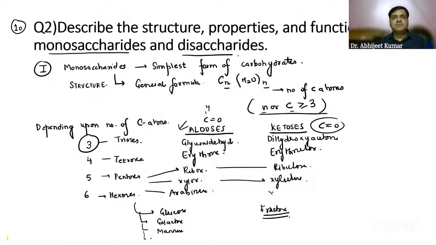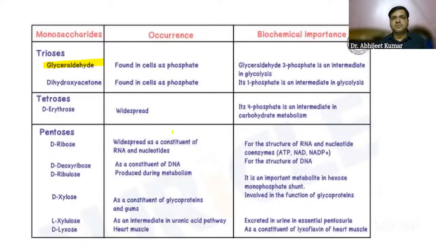Now, they have asked what the biochemical importance, the functions, of these monosaccharides are. Firstly, I will discuss the functions, then I will come to the properties of monosaccharides. Glyceraldehyde 3-phosphate is an intermediate in glycolysis. You have already discussed glycolysis in plus one, where glucose is broken down to form pyruvate.